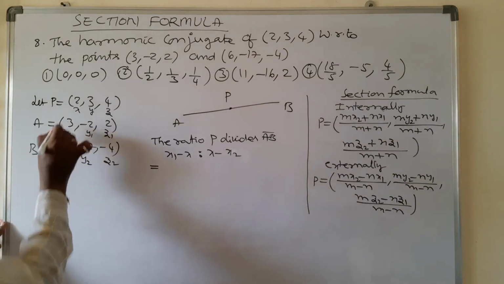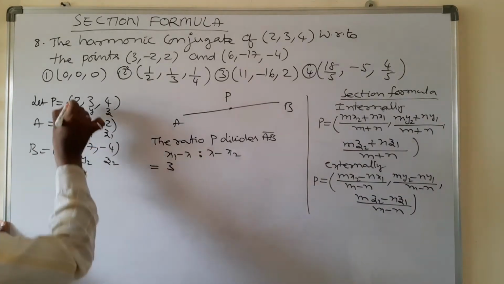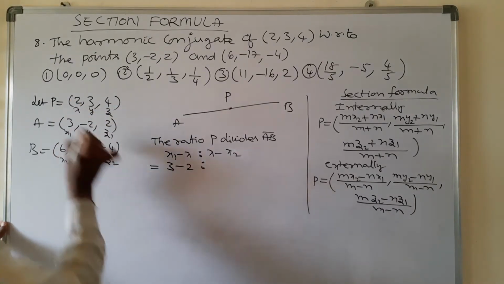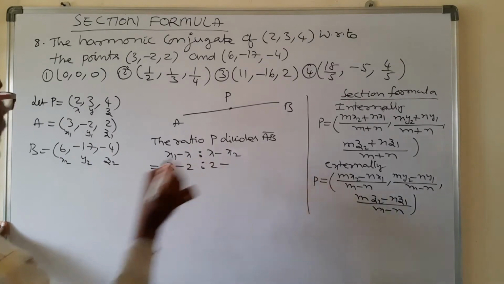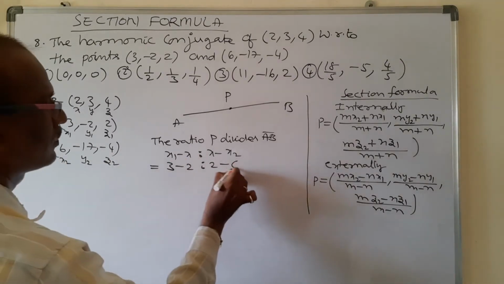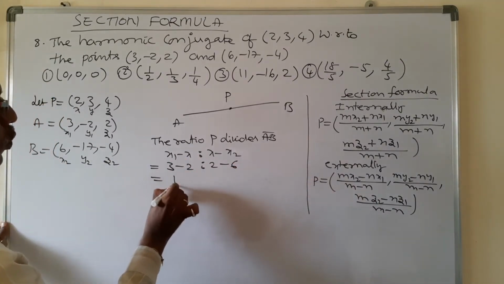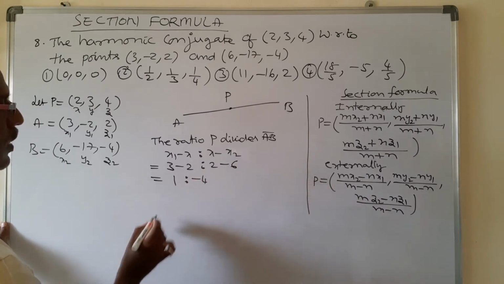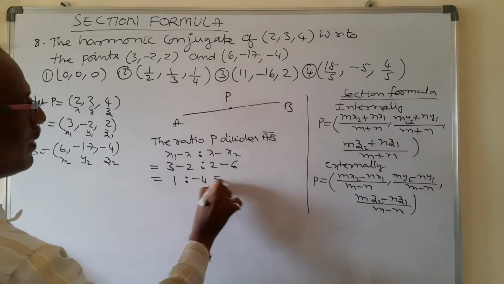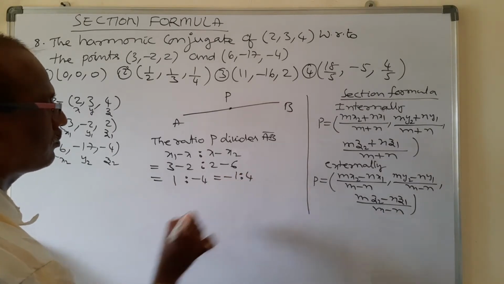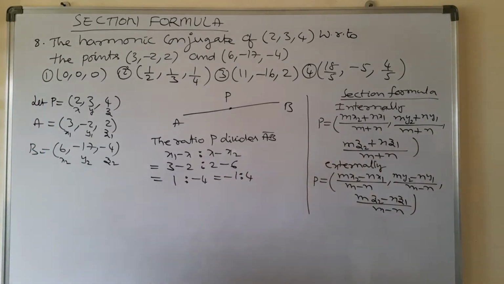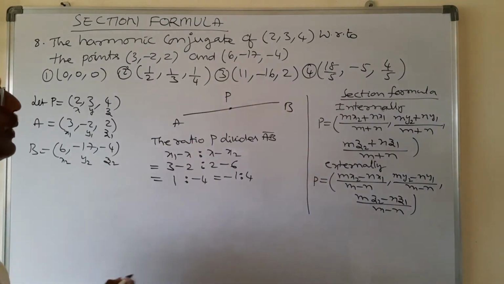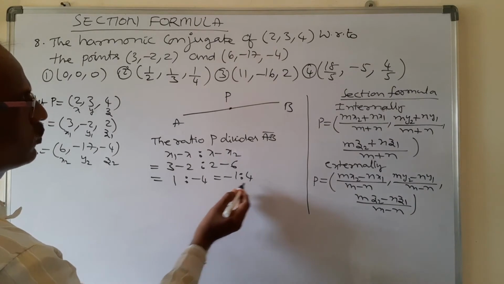Here x1 value 3, x value 2, 3 minus 2 is to x equal to 2, x2 value 6. 3 minus 2 is 1, 2 minus 6 is minus 4, multiplied with minus 1 is to 4. To find the harmonic conjugate of P, here the ratio is minus 1 is to 4.